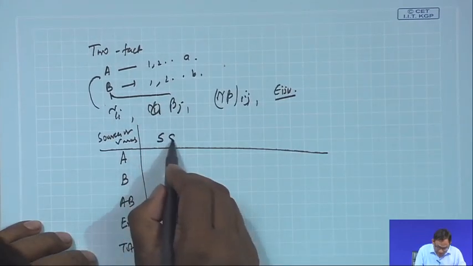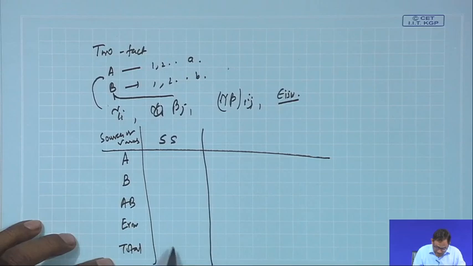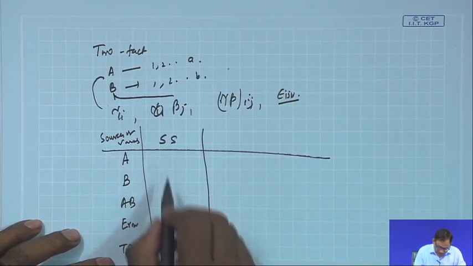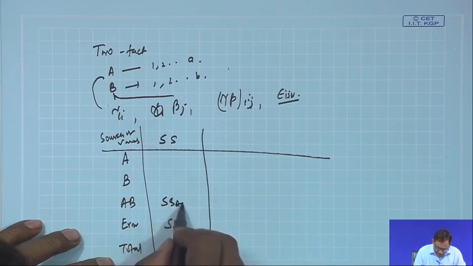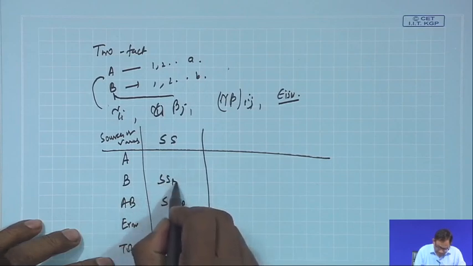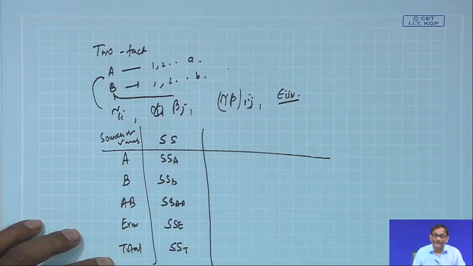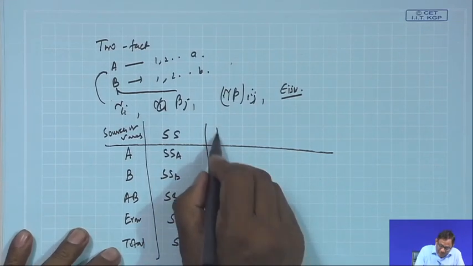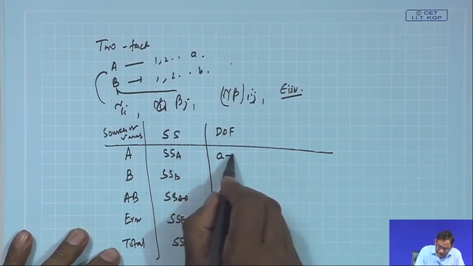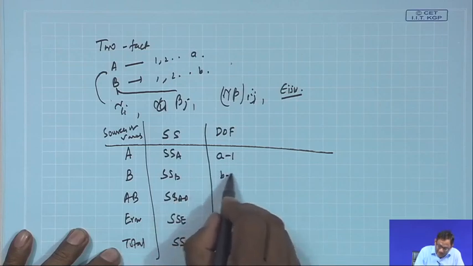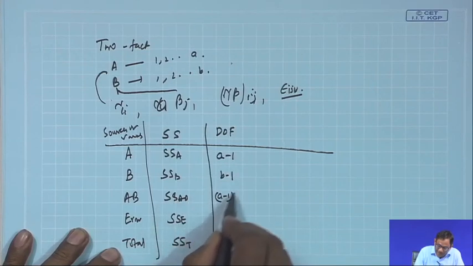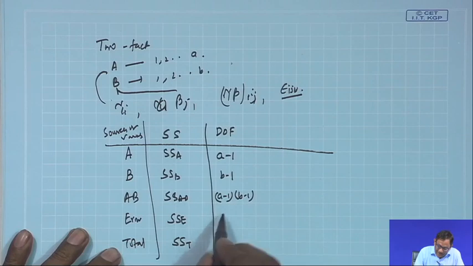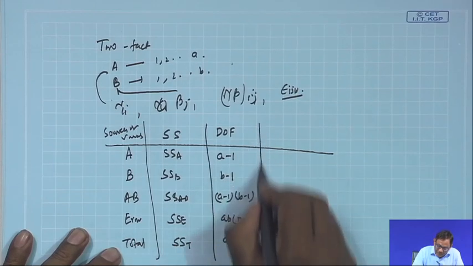Then we have computed SS: for total it is SST, for error it is SSE, for interaction it is SSAB, and for factor B and factor A similarly. Then you computed degrees of freedom: a minus 1 for A, b minus 1 for B, (a minus 1) into (b minus 1) for AB, then ab into (n minus 1) for error, and abn minus 1 for total.